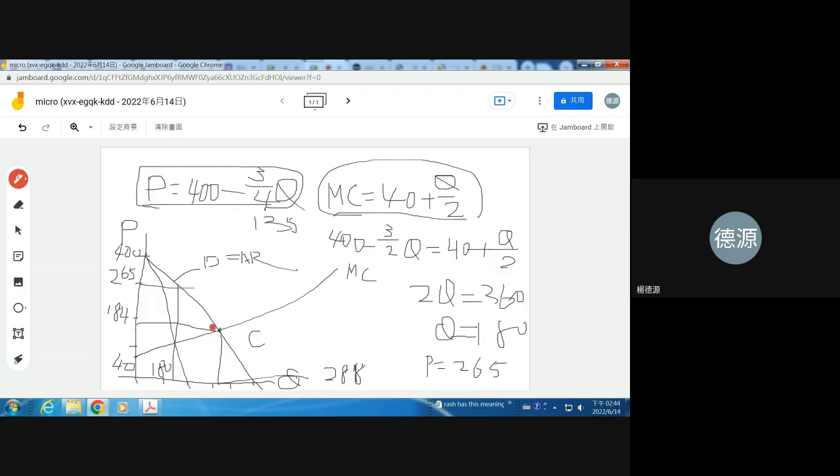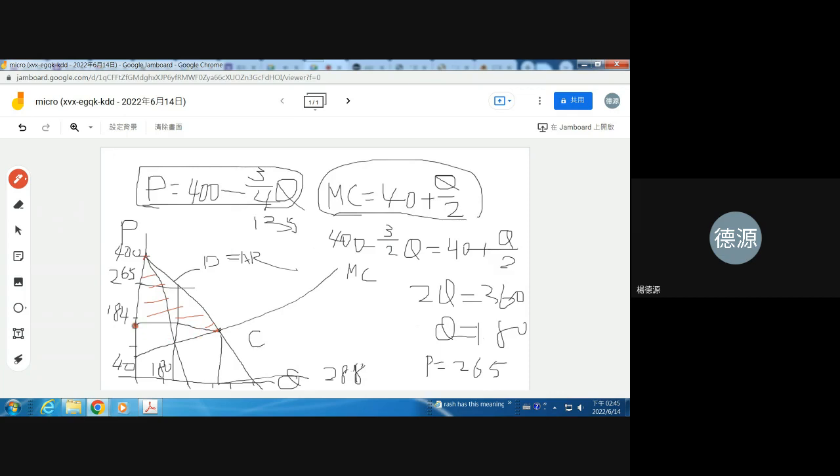So if it is perfect competition, right? Consumer surplus is this area. Producer surplus is this whole triangle. So here is 184, and then here 400, and then here it is 288. And producer surplus is this area.